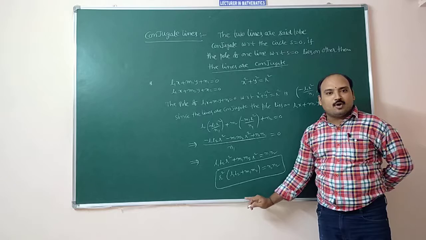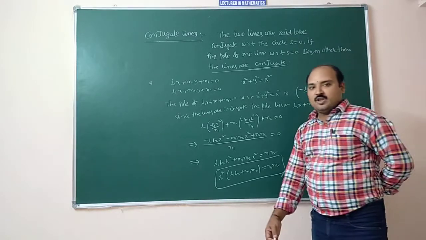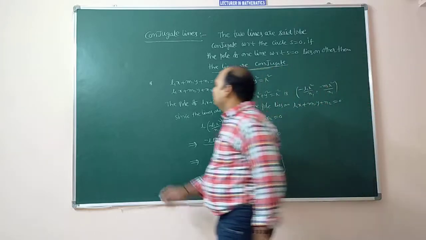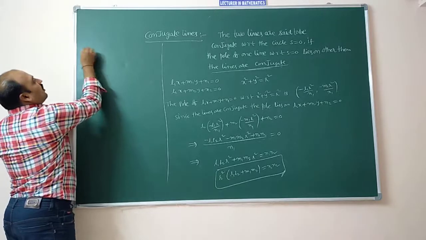You remember, this is very important in intermediate. It's very important for 2 marks or 4 marks. Suppose if it is a big circle, the condition will become like this. Same procedure you have to follow.